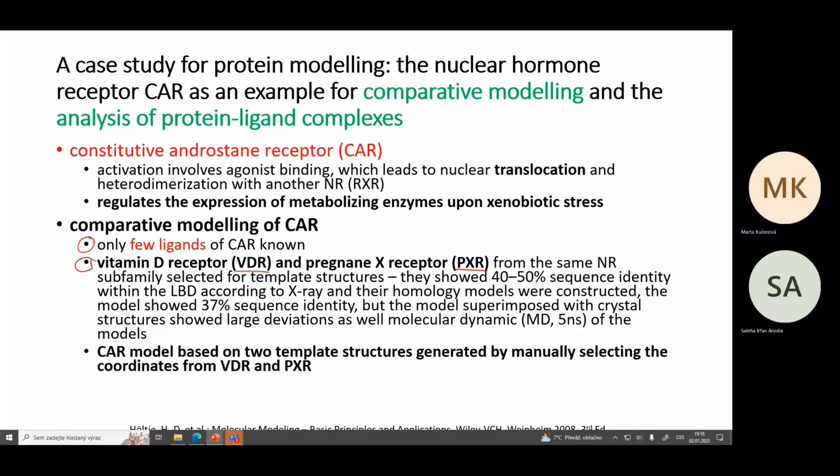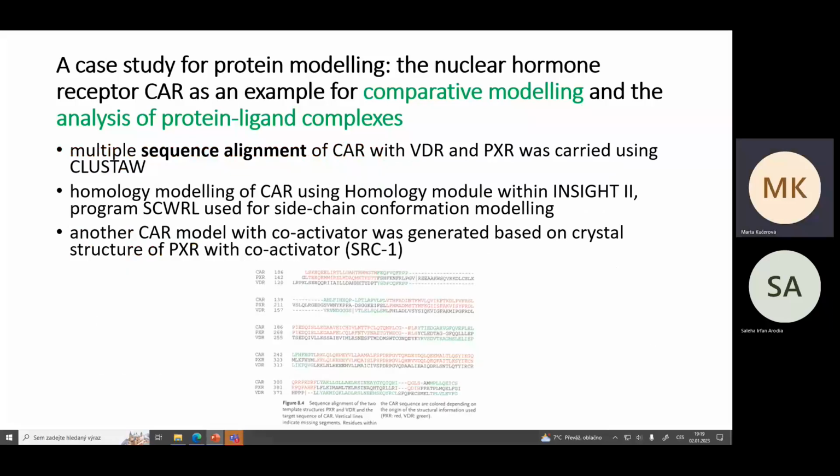So they took these two templates and they determined the sequence identity to be from 40 to 50 percent, which is sufficient. And they performed then sequence alignment. So in the first lines, you can see the one letter code amino acids for the constitutive androstane receptor, pregnane receptor, and vitamin D receptor.